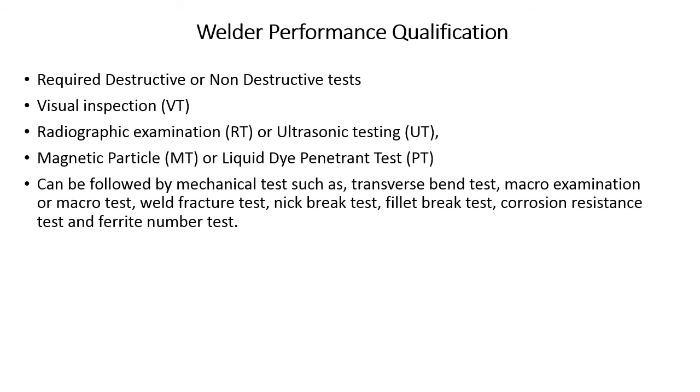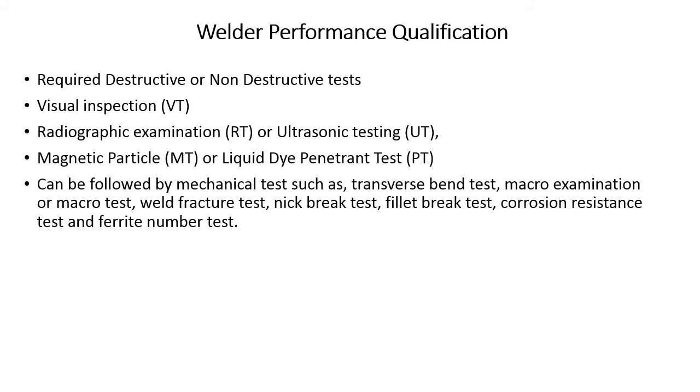Visual inspection. You're going to have to make sure the weld looks good. Sometimes it's RT or ultrasonic testing, mag particle or liquid dye penetrant. Can be followed by mechanical tests such as transverse bend test, macro examination, weld fracture test, nick break test, fillet break test, corrosion resistant test, and ferrite number test.